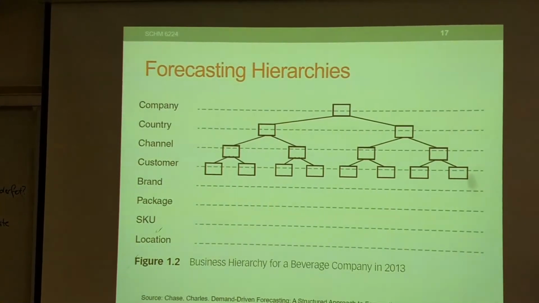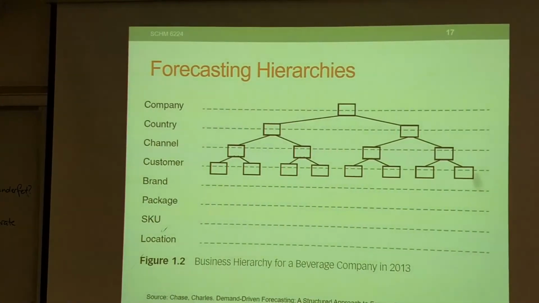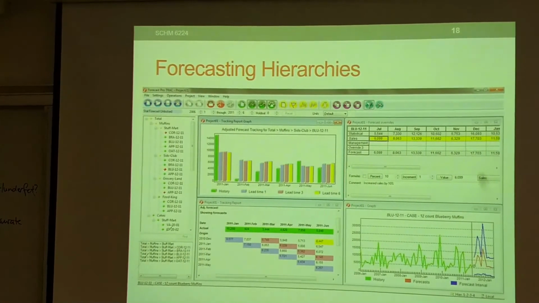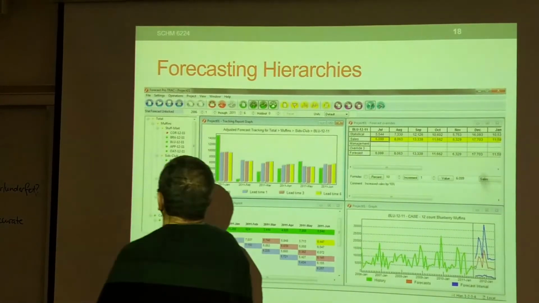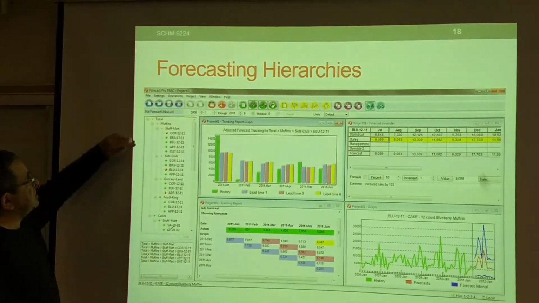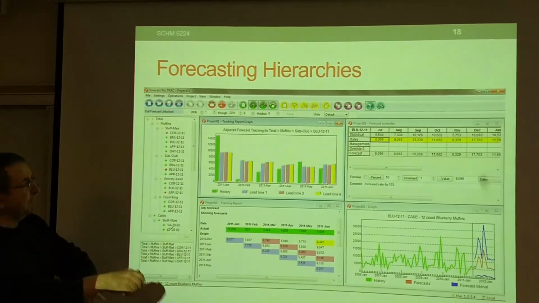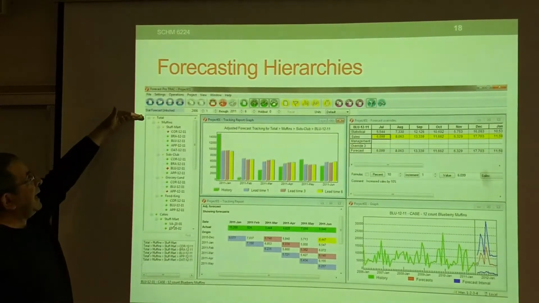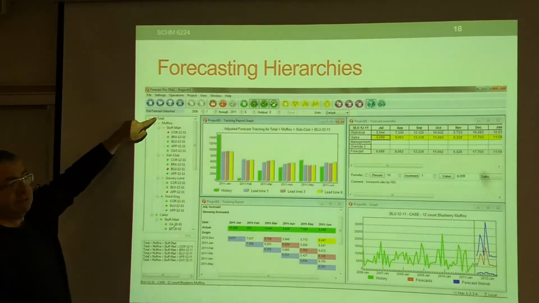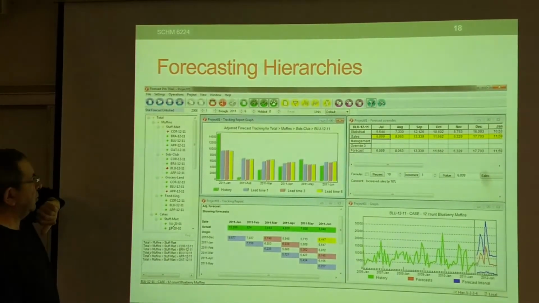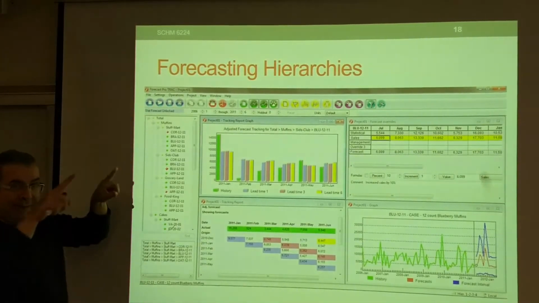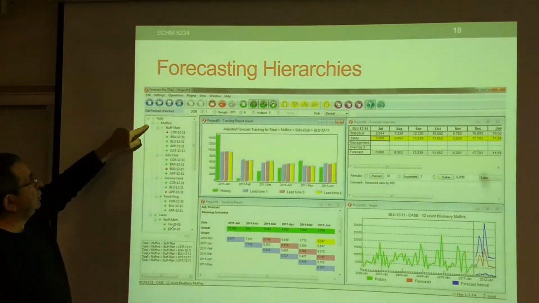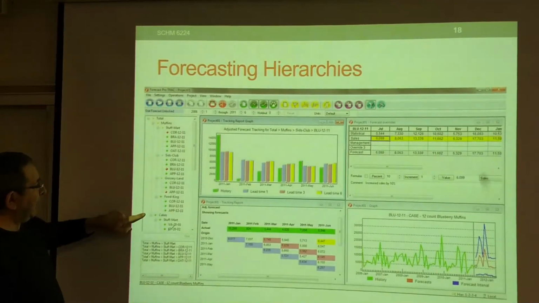So then the question becomes, okay, here's another example of this. So this is a product hierarchy. Okay, so at the top we have the total sales forecast. Now let's say we break down the total sales into muffins and cakes.